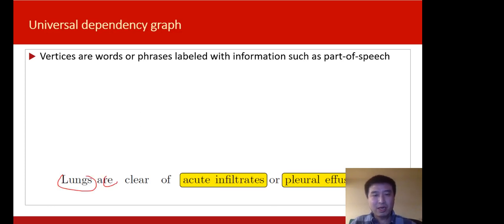Lungs, are, clear, and of are words in the graph, and acute infiltrates and pleural effusion are two phrases. They are also vertices in the graph, and these two phrases can be detected by the named entity recognition tool I described before.